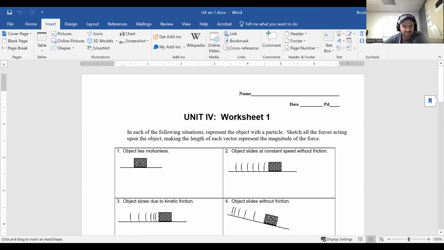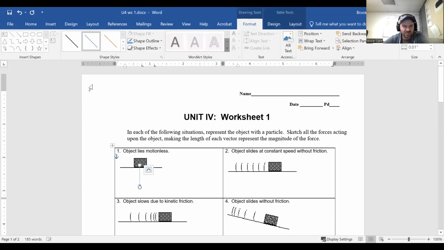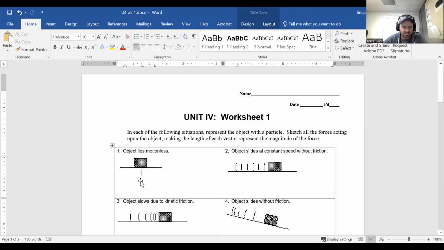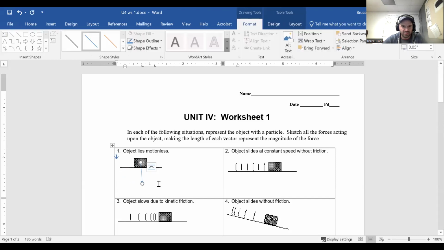Lots of arrows. Here's an object that's lying motionless. We have two forces acting upon that object. We have gravity pulling it down. I don't know why I'm struggling here.